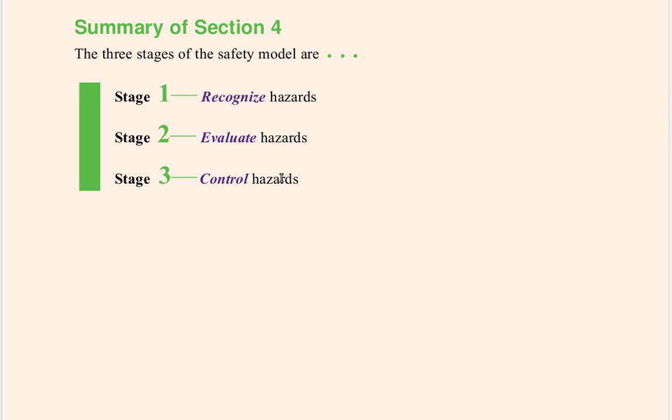That means you do something, whether it is removing the hazards or putting a barrier around them, or carefully examining them and making adjustments to reduce the chances of an accident or injuries.